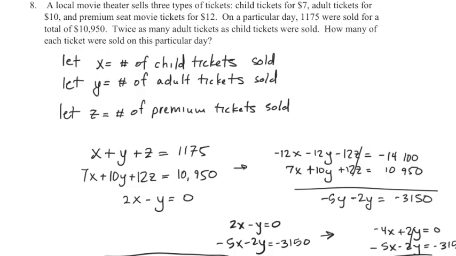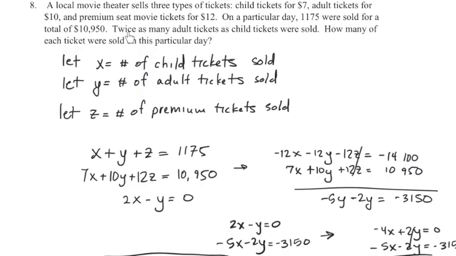So the equation could be $7 multiplied by the number of child tickets, the amount of money brought in by just child tickets, plus $10 multiplied by the number of adult tickets, 10y, plus the amount raised by premium tickets, which is $12 times the number of premium tickets sold. So this could be our second equation, 7x plus 10y plus 12z, totaling $10,950.